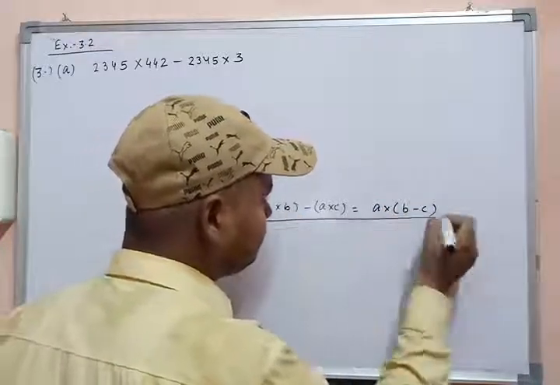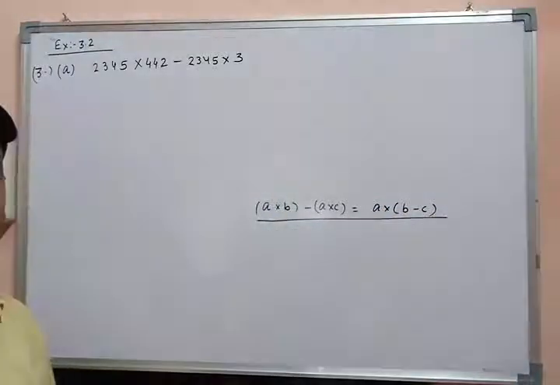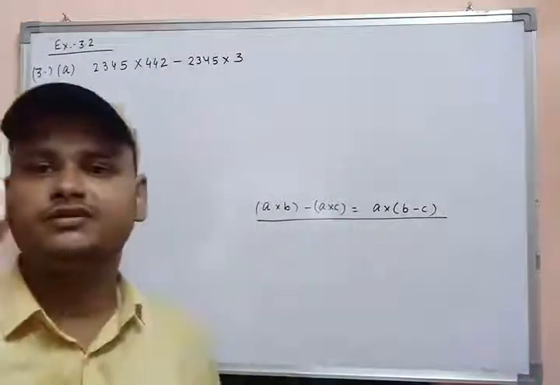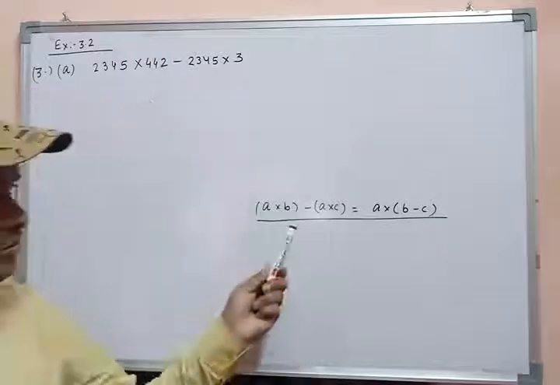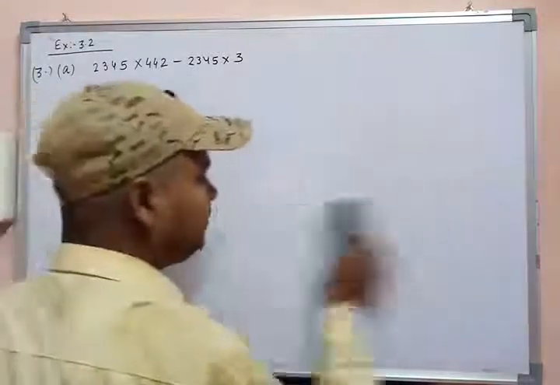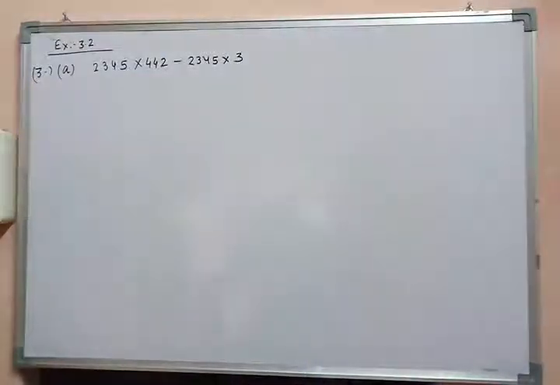This is the property, which is called the distributive property of multiplication over subtraction. So here we can apply this method for solving this question.